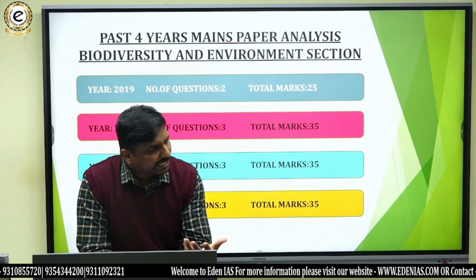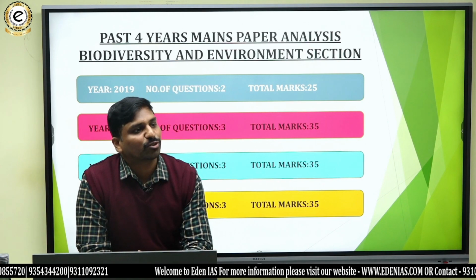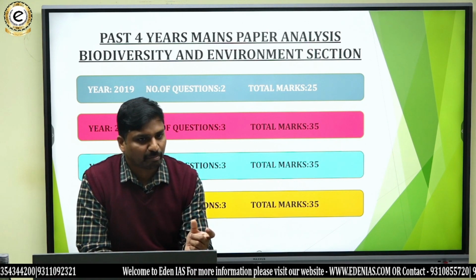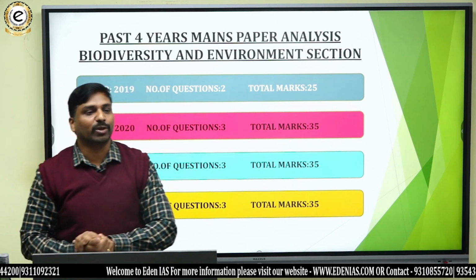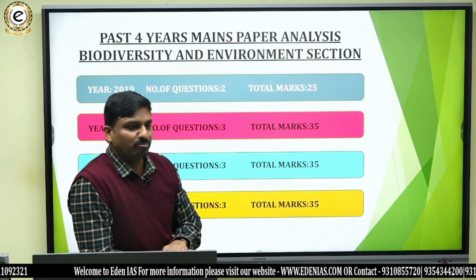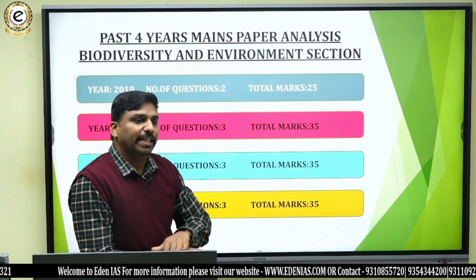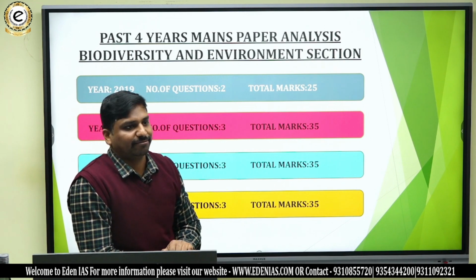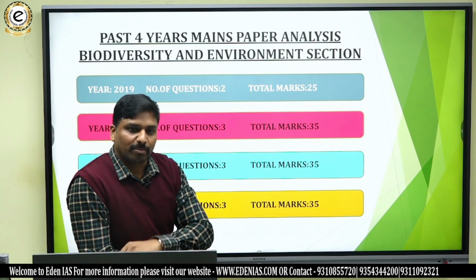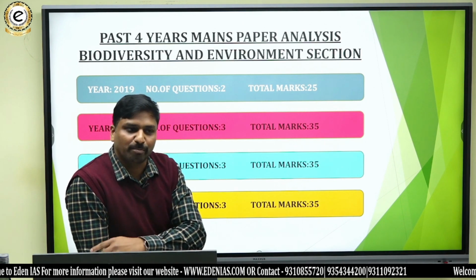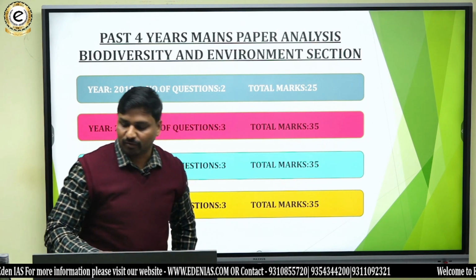And there are regular concerns related to environmental pollution, climate change, and issues with reference to biodiversity, threats to biodiversity, loss of biodiversity. So from that perspective, we can expect many questions in the interview also. Try to focus on this section. It is very, very important.